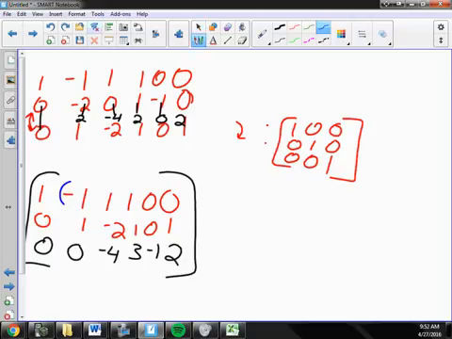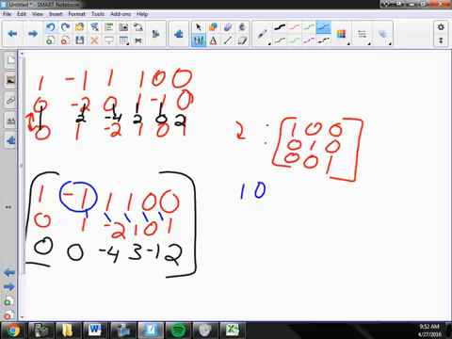So I want a 0 right here. I also want a 1 right, well, let's not worry about that yet. So how do I get a 0 in the 1, 2 position? Add it to the middle. If I add 1 and 2 together, then I'll get a 0 there.